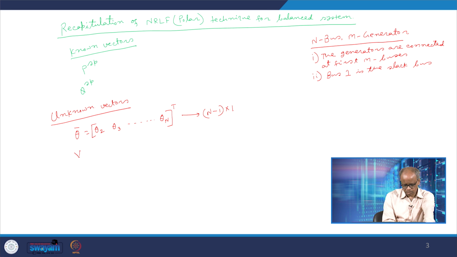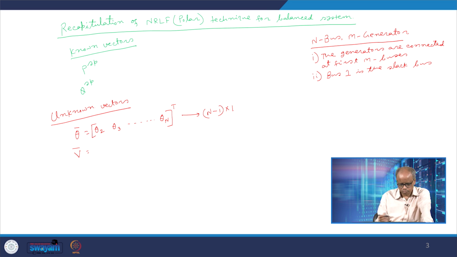And V, that is the V magnitude: because the generators are connected at the first m buses, the first m buses are considered as PV buses, so the voltage magnitudes at those buses are controlled by the generators. So you have to only solve for the load buses.